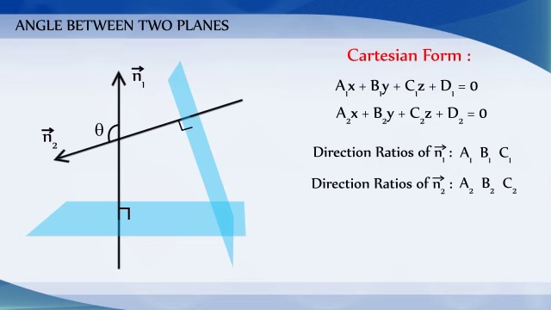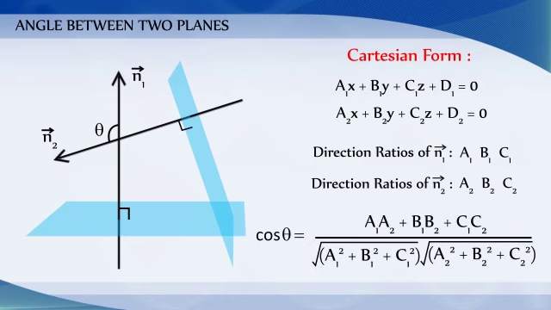Therefore, the angle between these two planes is given as cos theta is equal to modulus of a1 a2 plus b1 b2 plus c1 c2 divided by root over a1 square plus b1 square plus c1 square into root over a2 square plus b2 square plus c2 square.